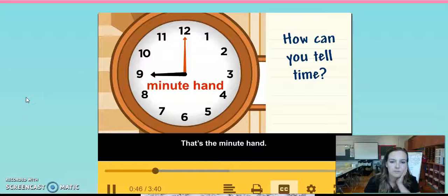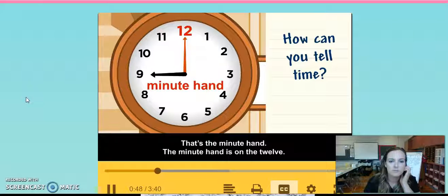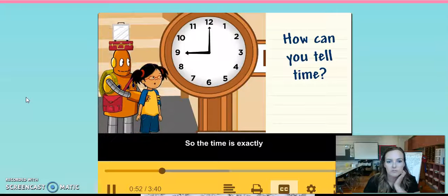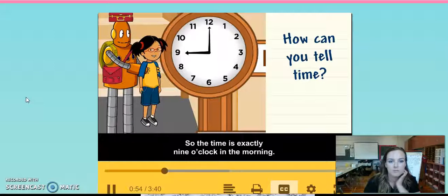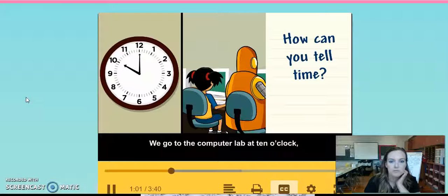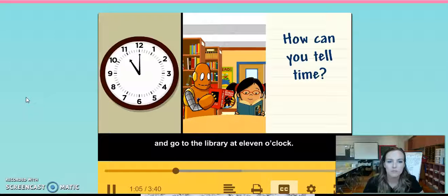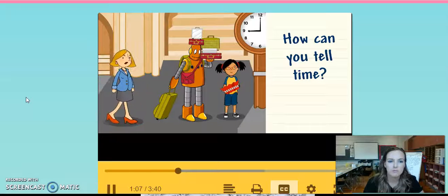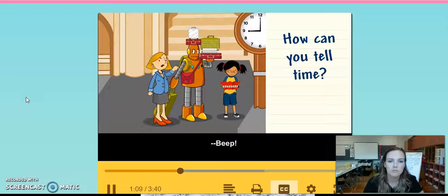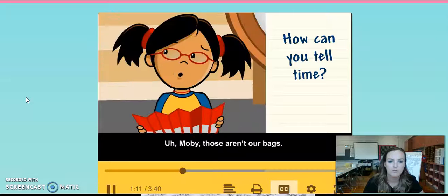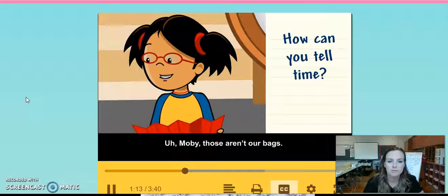That's the minute hand. The minute hand is on the 12. So the time is exactly 9 o'clock in the morning. O'clock means of the clock. We go to the computer lab at 10 o'clock and go to the library at 11 o'clock. Moby, those aren't our bags.